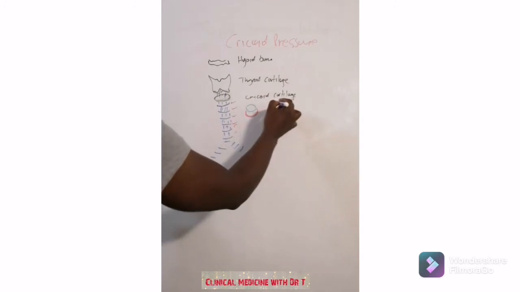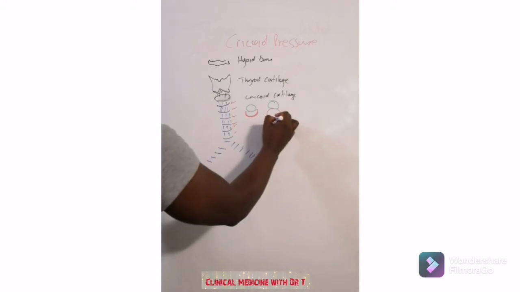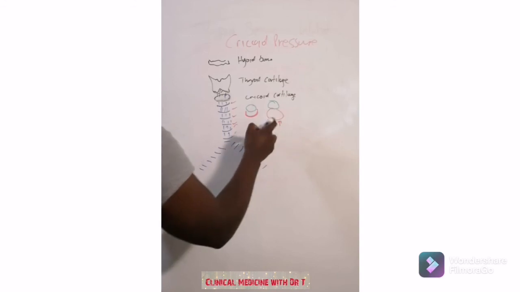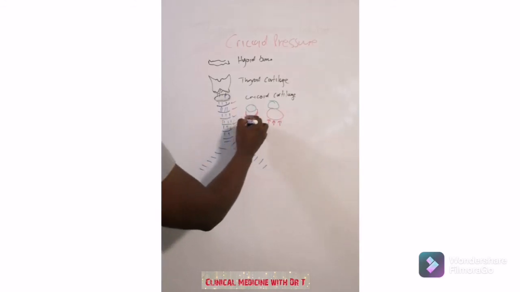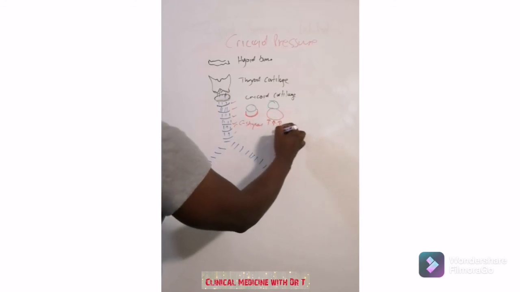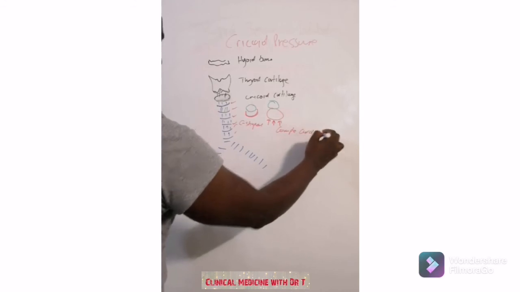So if you are doing cricoid pressure, what you want to push is this complete ring. These ones are C-shaped, but this one is a complete circle, a complete ring.